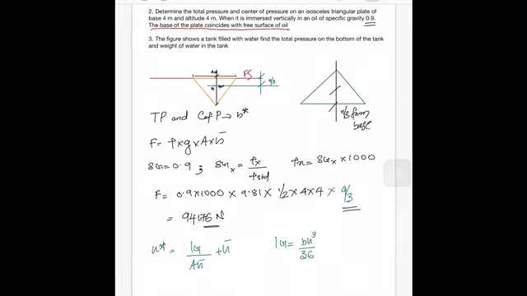So when you have time, go through the engineering mechanics notes and learn by heart all the Ig equations for various shapes like square, triangle, circular section, ring, etc. BH cube by 36, 4 into 4 cube by 36, that will be equal to 7.11 m raised to 4.